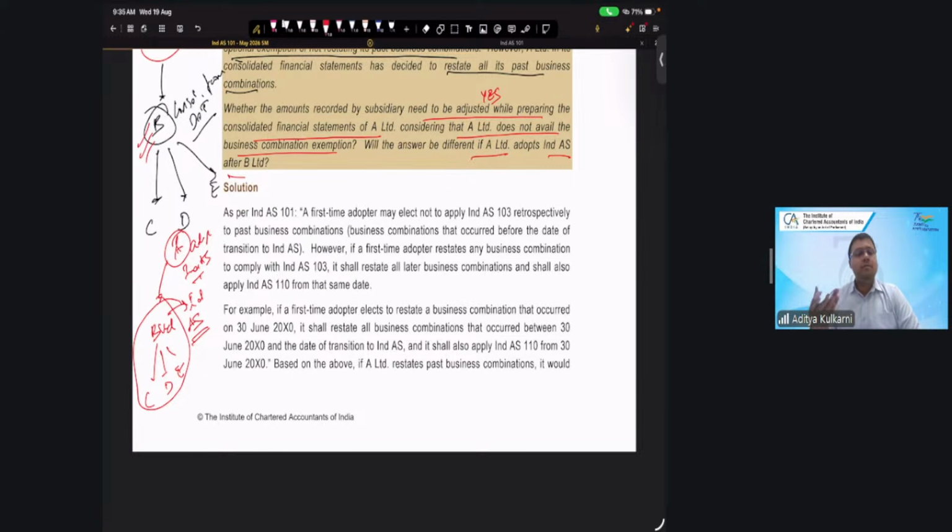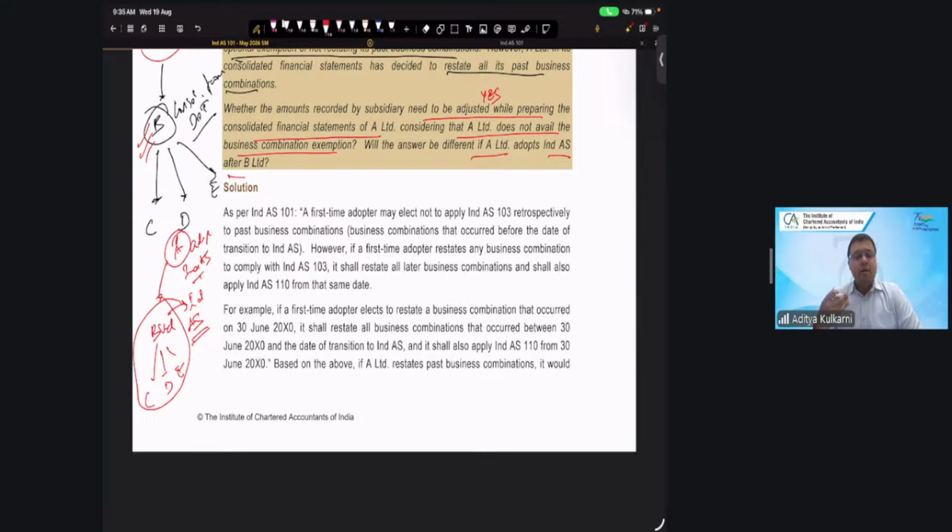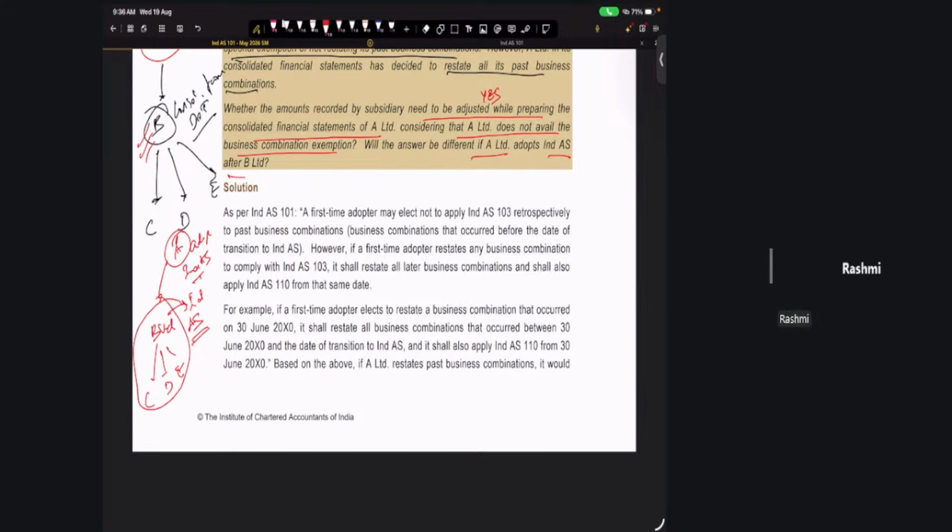You have to accept me as it is. If A Limited gave birth to B Limited, B has no option but to listen to A. But since A has adopted after B gained its own identity, its own existence, its own decisions, A has to follow what B has done. A will restate other business combinations but not related to B. Did you understand?